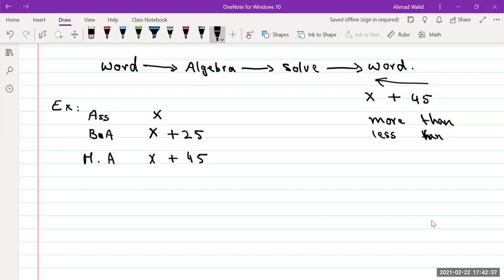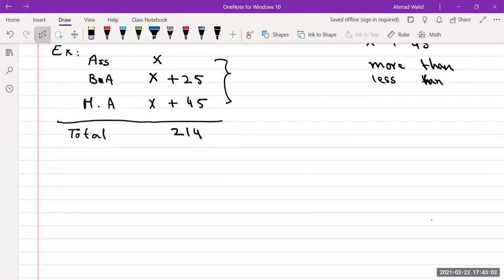Find the average salary of a man with each of these levels. Correct? The total salary of these three people is $214,000. Find the salary of each one of them.